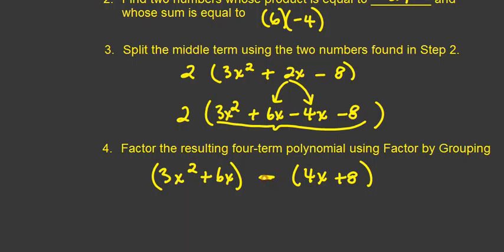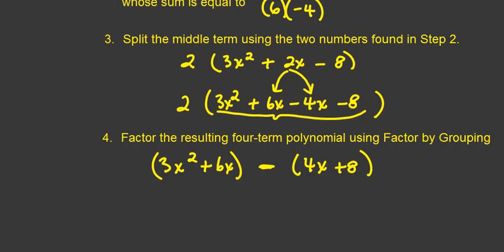And imagine trying to go from these two groups back to this 4-term polynomial. The negative would distribute through the parentheses, giving me negative 4x and minus 8. So, long story short, if there's a minus in front of that group, just be very careful with your signs.